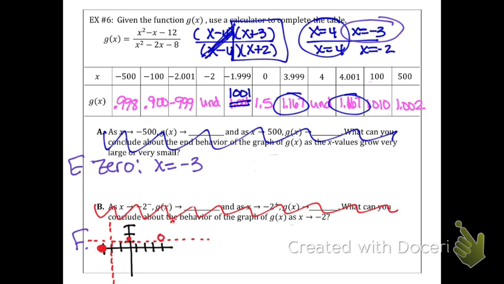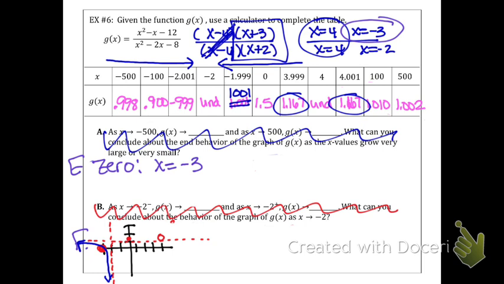All right, and so looking at my table here, as we're going towards that negative 2, our y values are going to get smaller. So they're kind of doing like this. Between the negative 2 going towards the 4, I'm going to draw going towards that vertical asymptote.